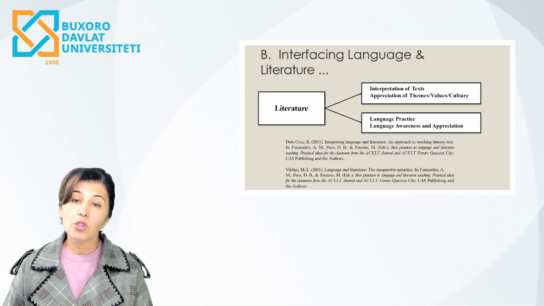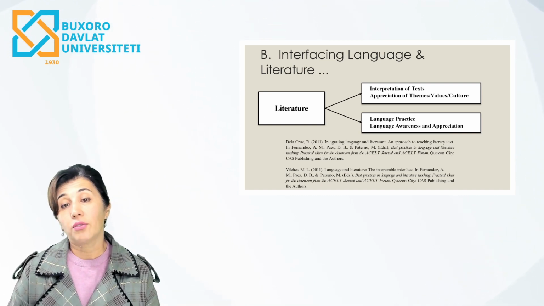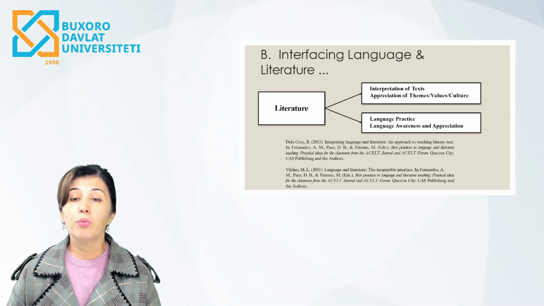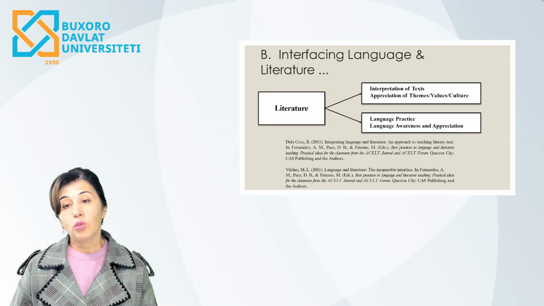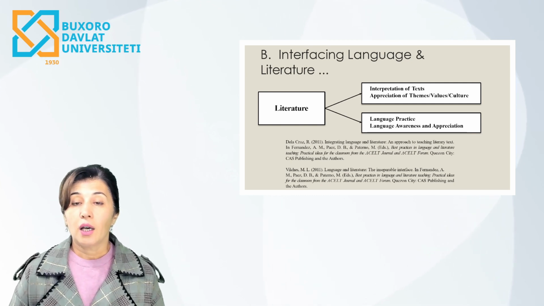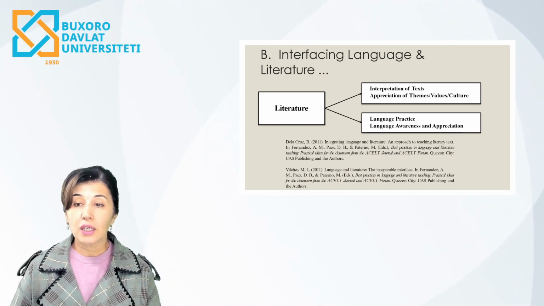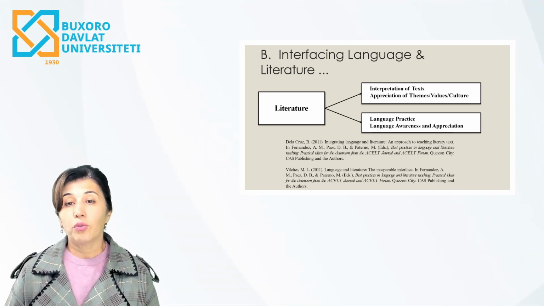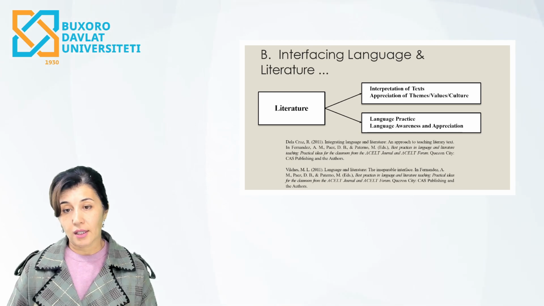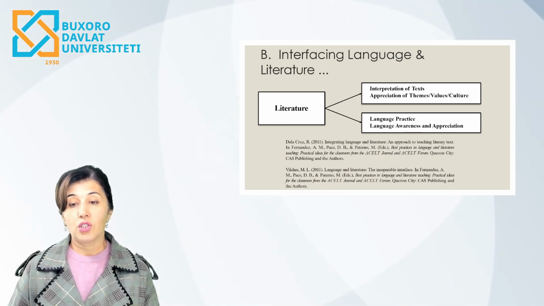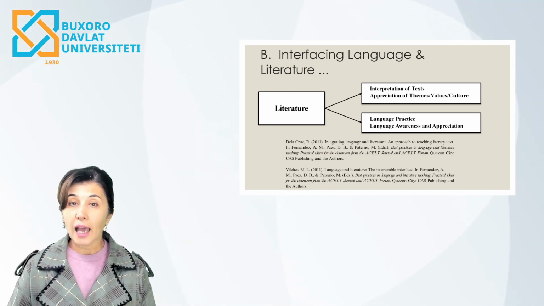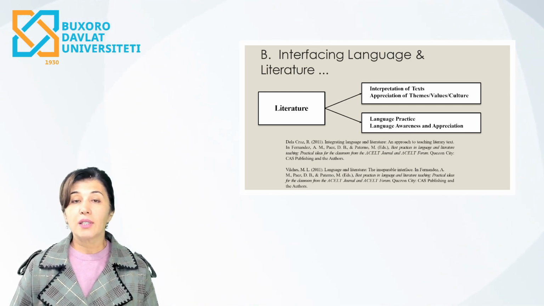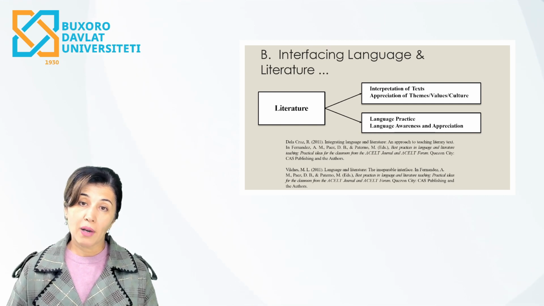So, here are given two types of interfacing language and literature. Literature can be interpreted as interpretation of text, where students do some critical analysis of themes, values, and culture. And the second interface of language and literature is language practice, language awareness and appreciation, where students work with linguistic elements of the text, syntactical devices, or some stylistic approach used by the author.